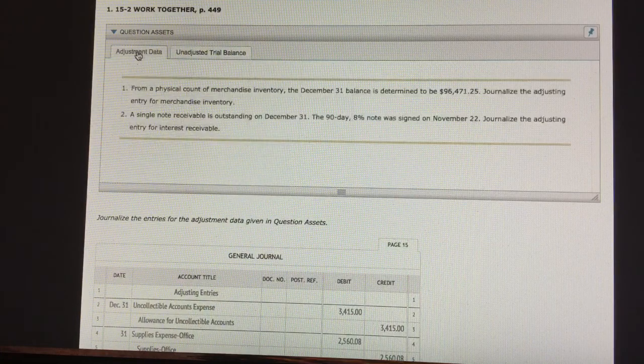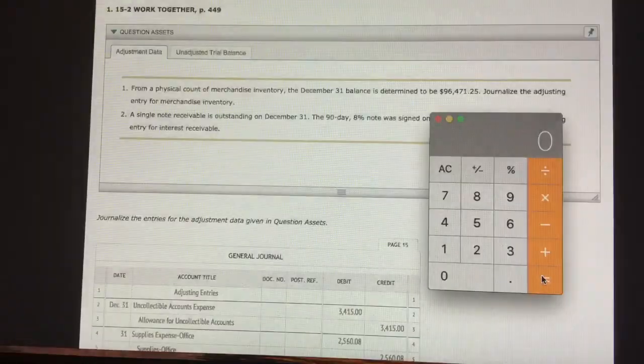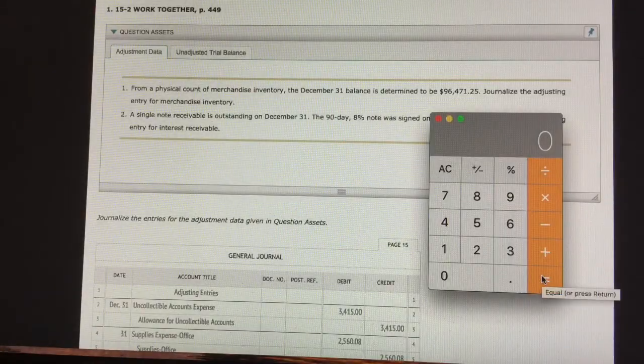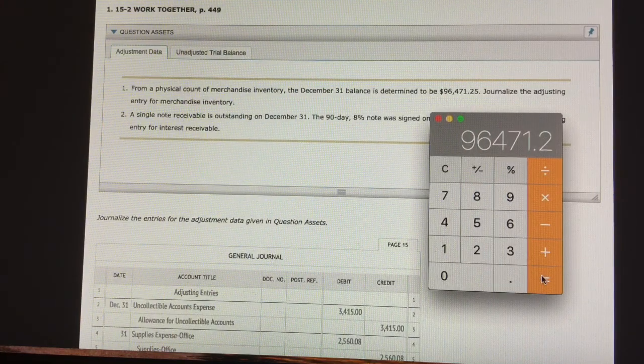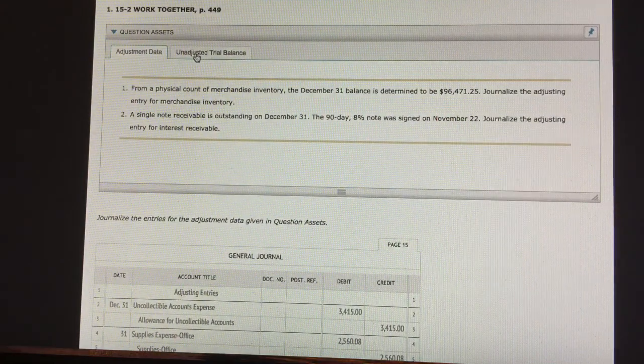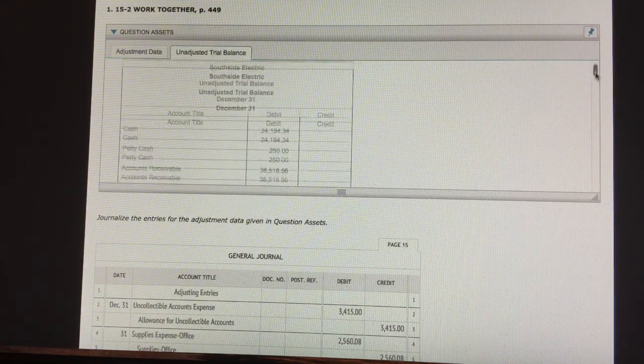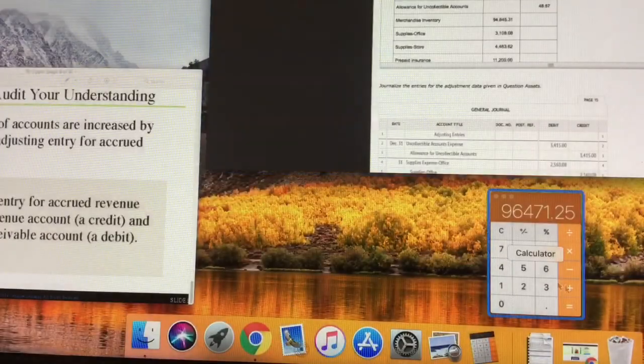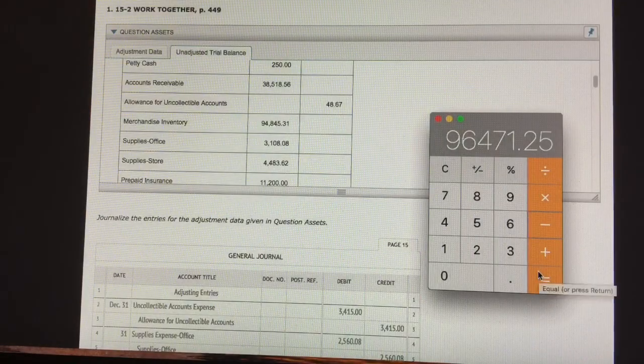We put the ending inventory amount, $96,471.25, and subtract the balance that's on our unadjusted trial balance, which is $94,845.31. So the amount that we're going to journalize is $1,625.94.